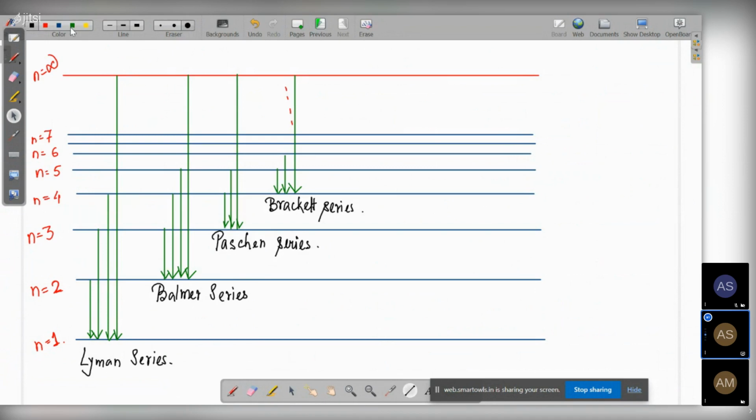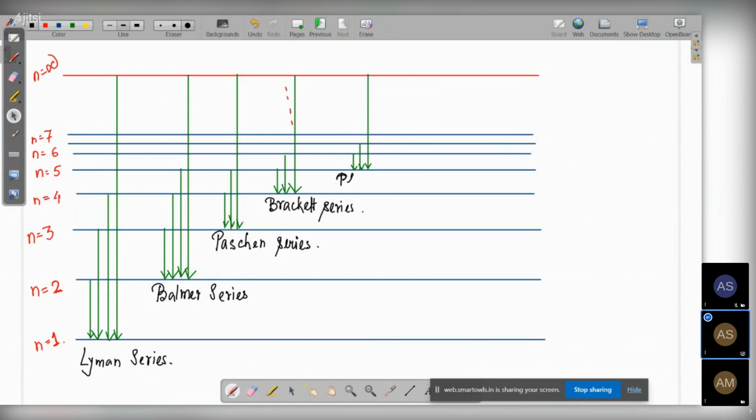Then if the electron is jumping from anywhere till energy level 5, it is your Pfund series, where the P is silent.